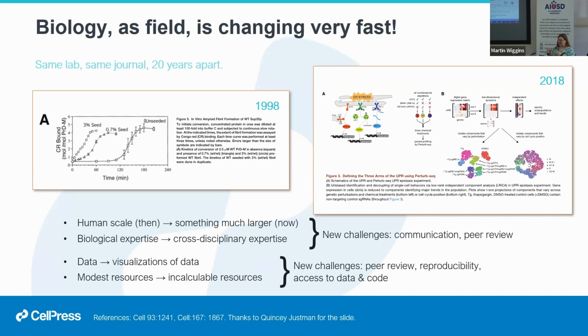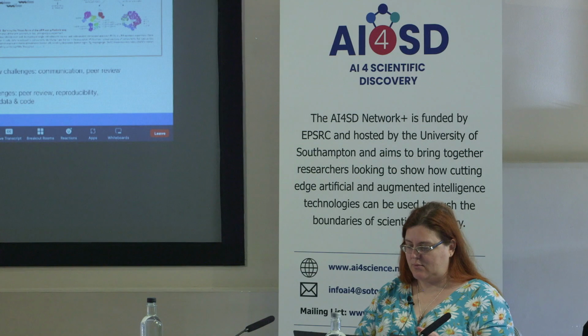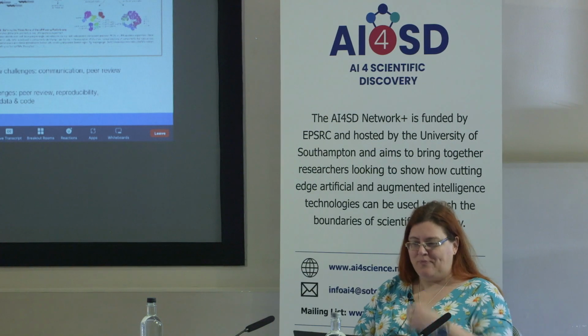So you've got graphs and schematic diagrams and things like that. This is an example of biology, but it also is occurring throughout all the other domains as well. We are having more data, we're having better ways of visualizing that data, but they are making things an awful lot more complicated.